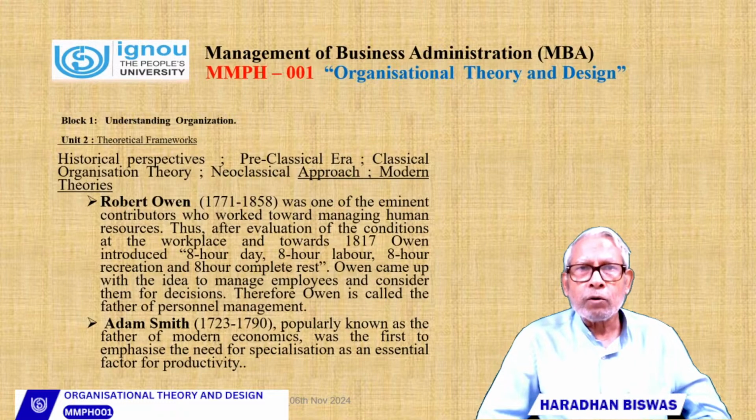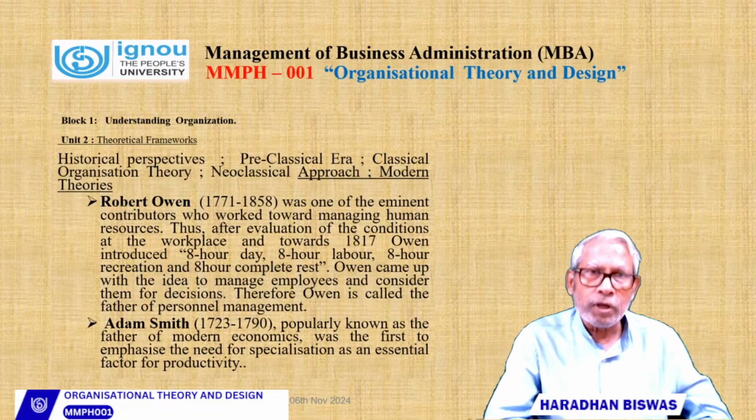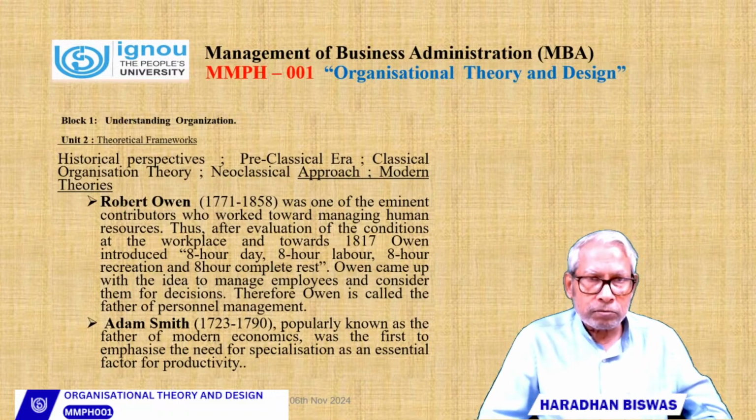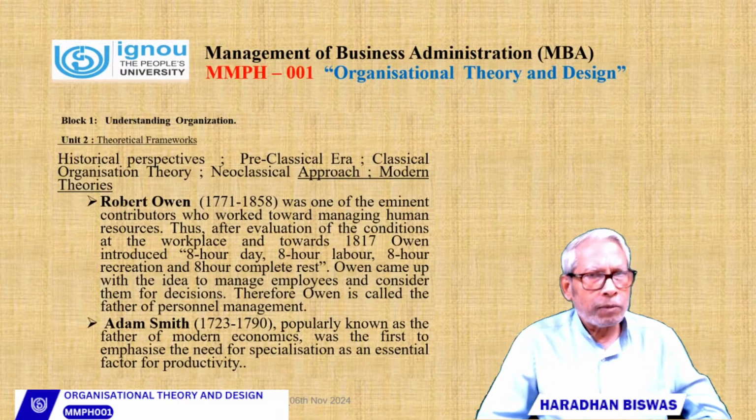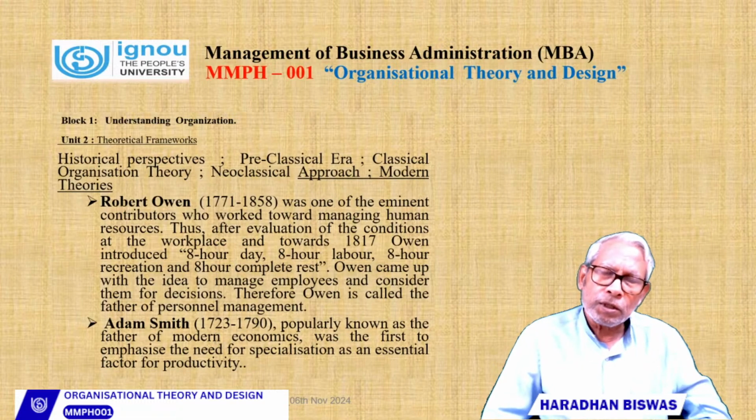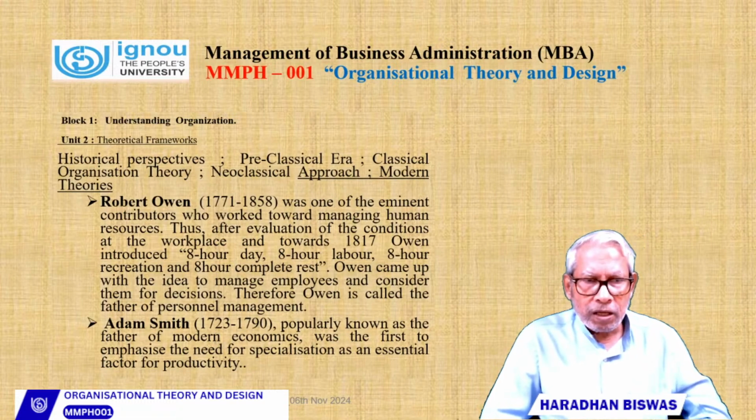Therefore, we can say Owen is called the father of personnel management. He was the first to develop these things, and for the well-being of the employees, he thought about distributing the 8 hours of time in such a way. Basically, it is for human resource management purposes.